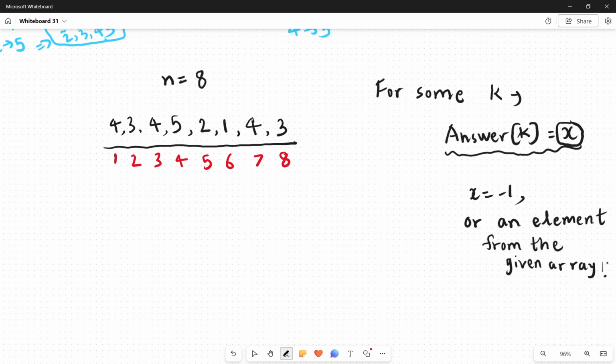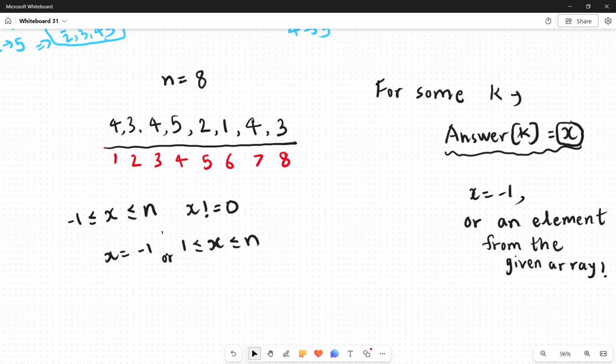Absolutely yes. So the elements of the array are constrained from 1 to n, so x is not equal to 0, and x can be -1 or from 1 to n, right?